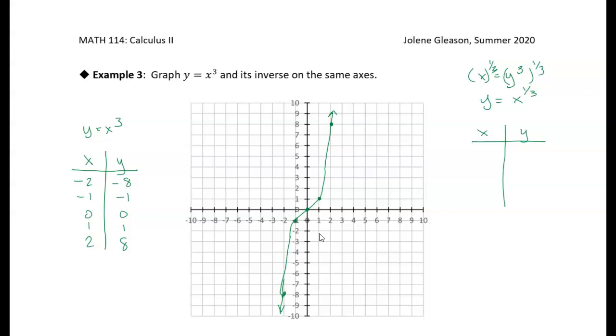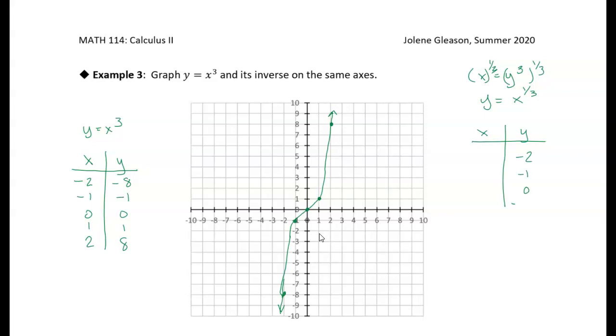Knowing that this is the inverse of the function, it's actually easier to choose the output, because I can just take the values that I used for the original function x cubed and swap the x and y values.